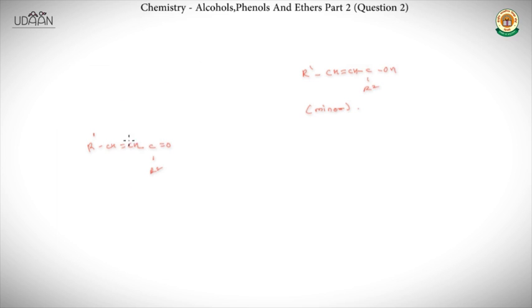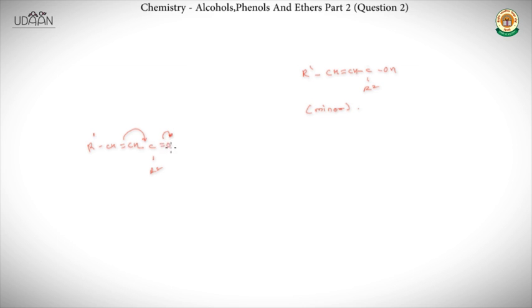Now due to resonance, this comes over here, and oxygen takes. What does this arrow signify? It signifies the shifting of electrons.